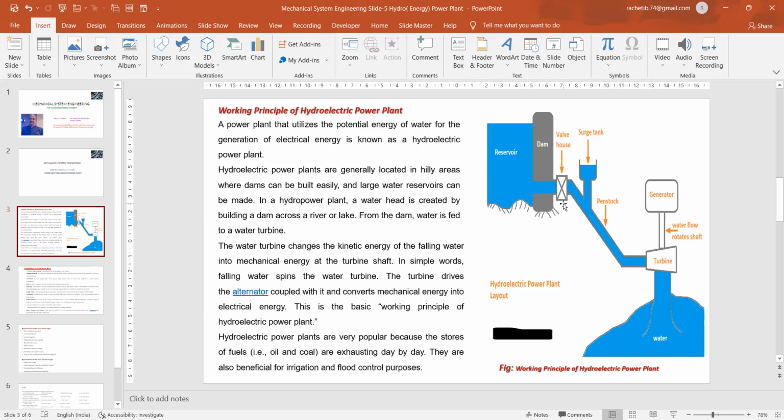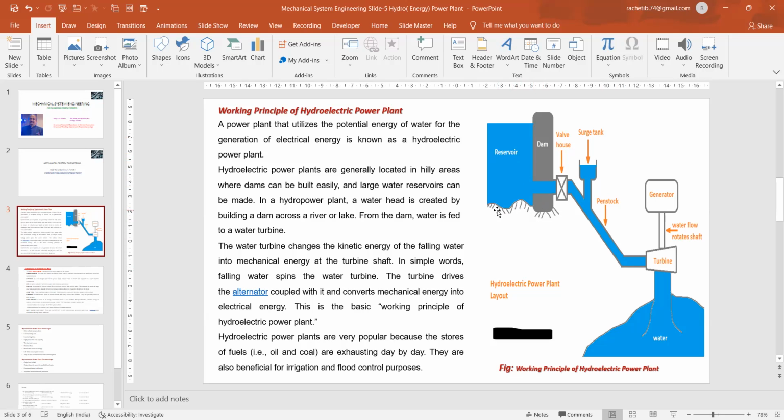The dam is constructed at a height in mountain areas or at higher places, so that a very high head is obtained. Can anybody tell what that height is? That height is nothing but the potential energy of water.